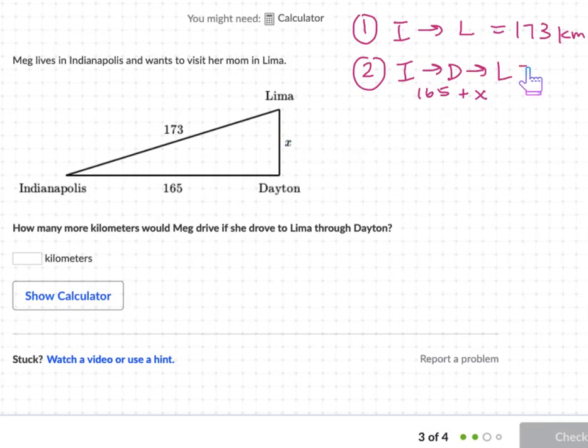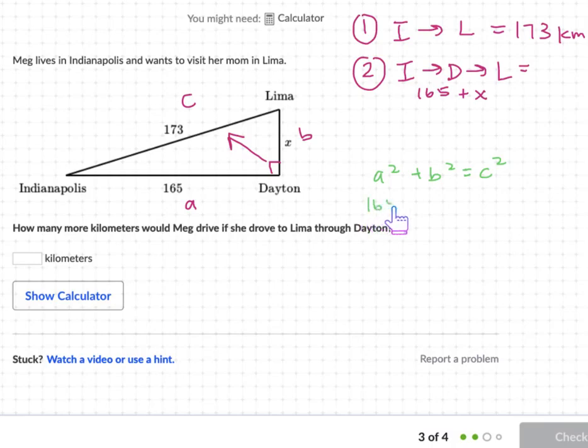So that's what we do need to figure out. Once we do, we're going to add those two together, this route over here. So I'm going to need to use the Pythagorean theorem, and I'll see that this is the hypotenuse across from the right angle, and I can just label this as A and B, and I will calculate what that missing side is. So a squared plus b squared equals c squared.